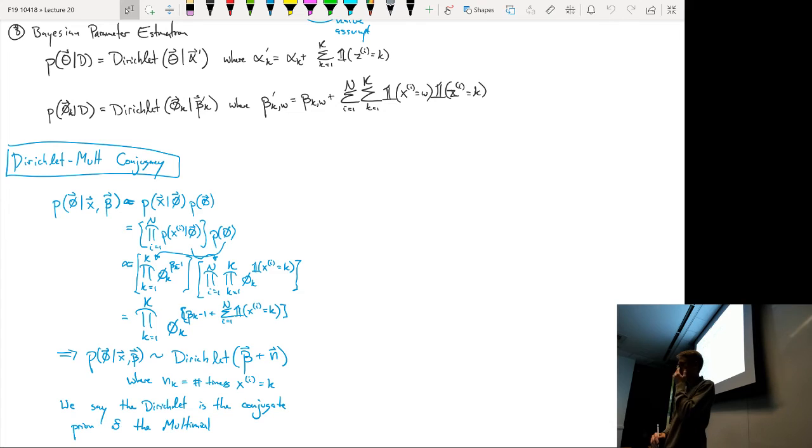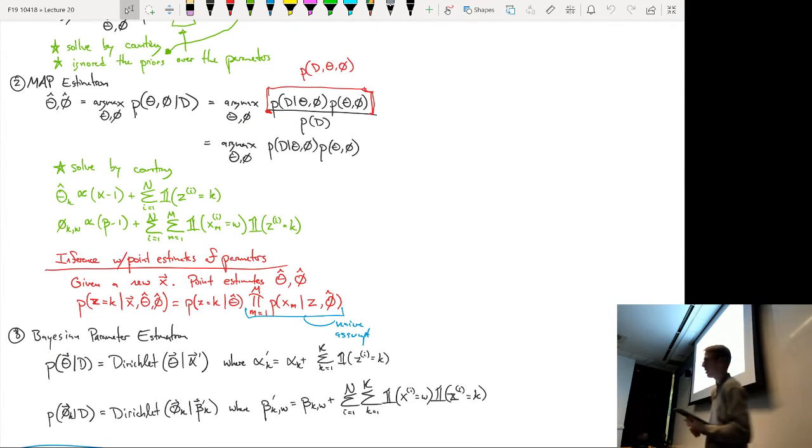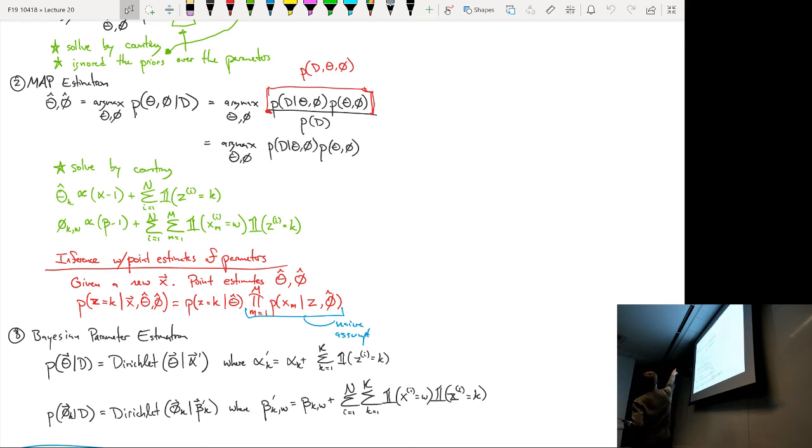Okay, we're almost there. We need to do one last thing. Before, with MAP estimation, you get back a single set of parameter values, and then you do inference with those point estimates just by multiplying some numbers together.